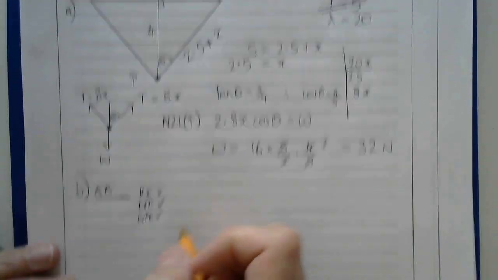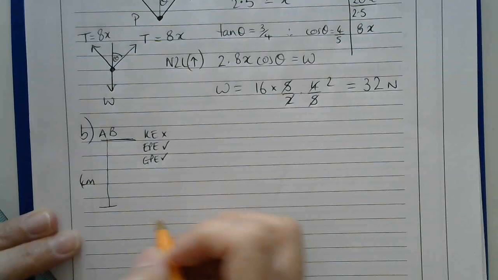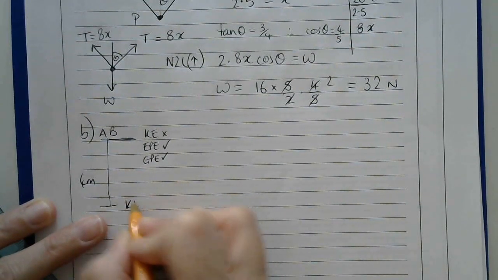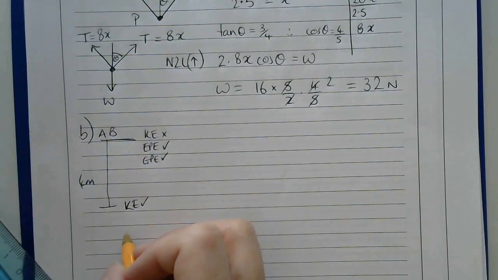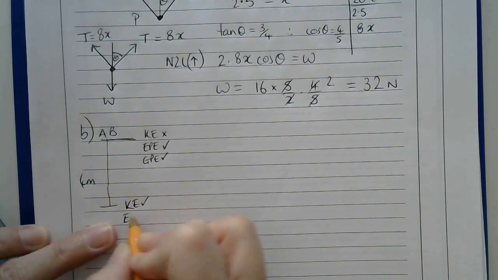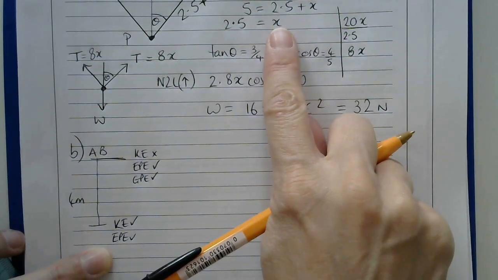Okay, when it reaches 4 meters lower than this, so 4 meters, it says calculate the speed, so there is some speed, therefore there is some kinetic energy. If we look at the elastic potential energy, we know that there is some, and we know what that extension is when it's down there.